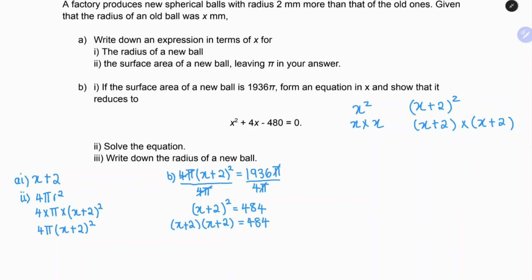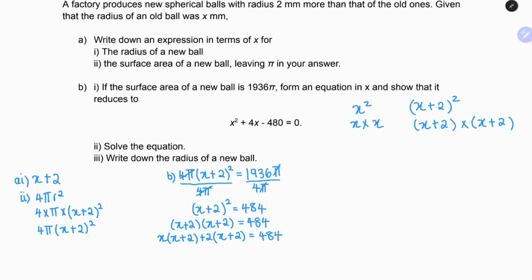So what we're going to do from here is expand. Let me write it in this manner just to make it simpler: x plus 2, and then another x plus 2, equals 484. Now we expand even further.